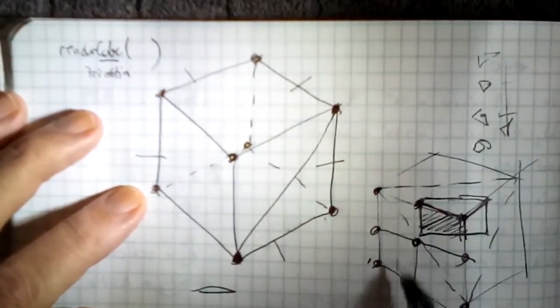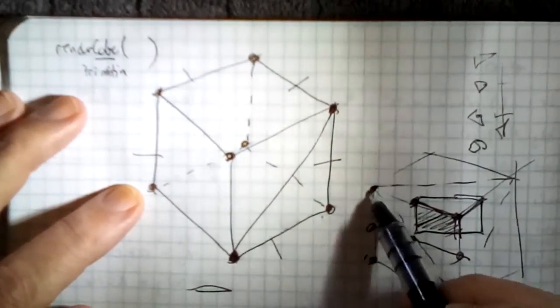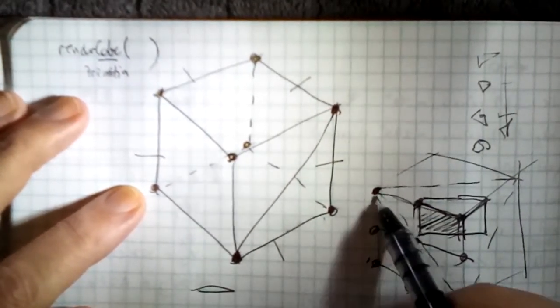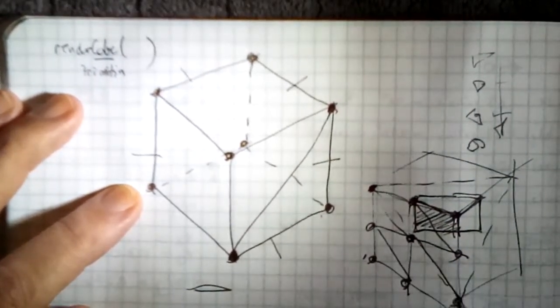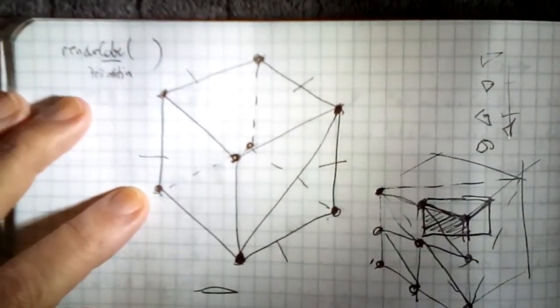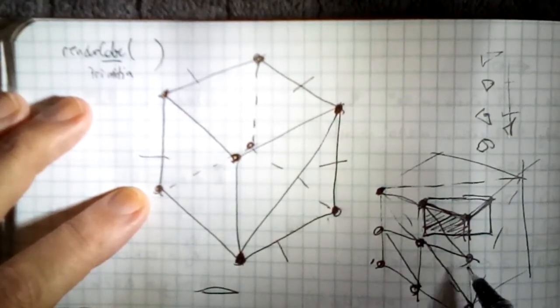So now I've got 1, 2, 3, 4, 5, 6, 7, 8, 9. I've got 9 points, but I can subdivide them into 4 squares, where each square now gets 2 triangles. And now I've got 4 times as many triangles as before, but they're smaller.